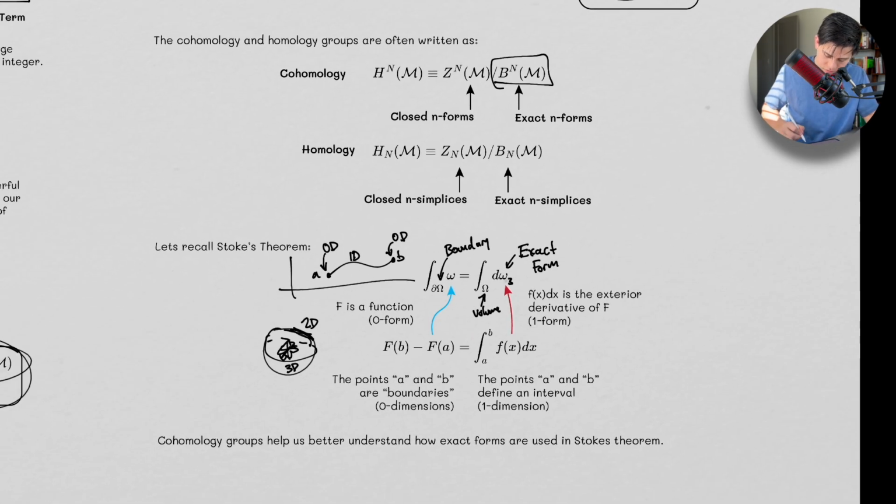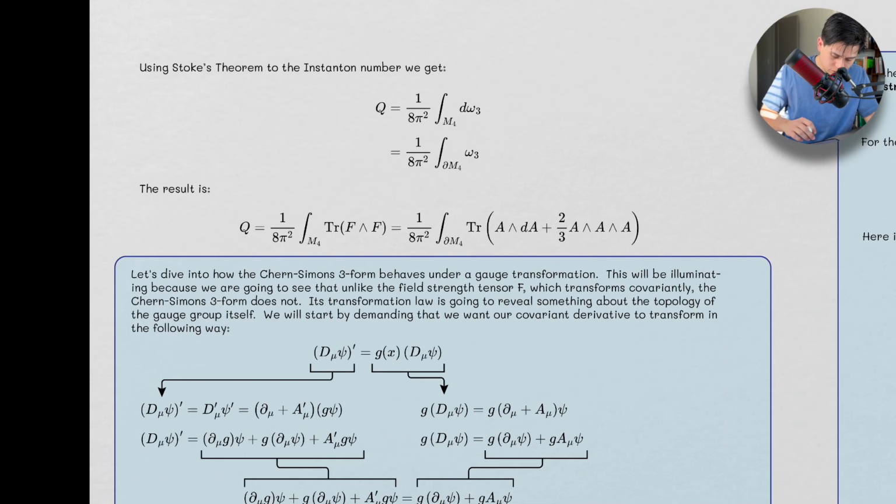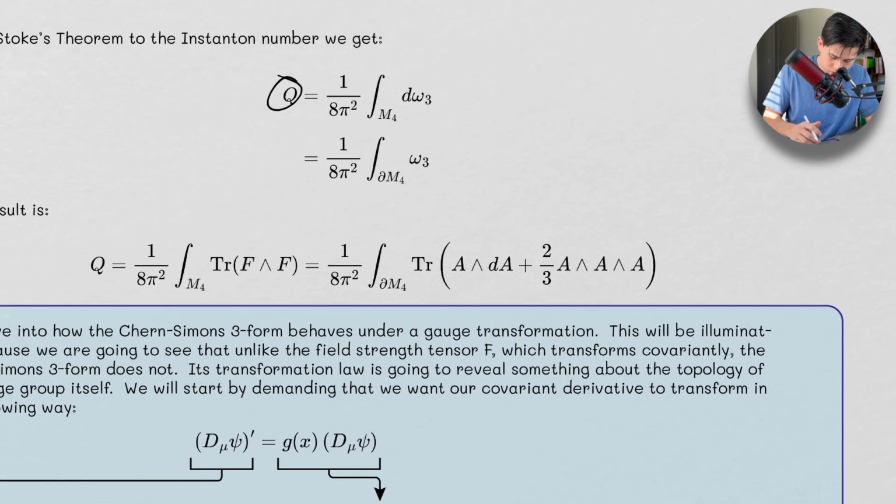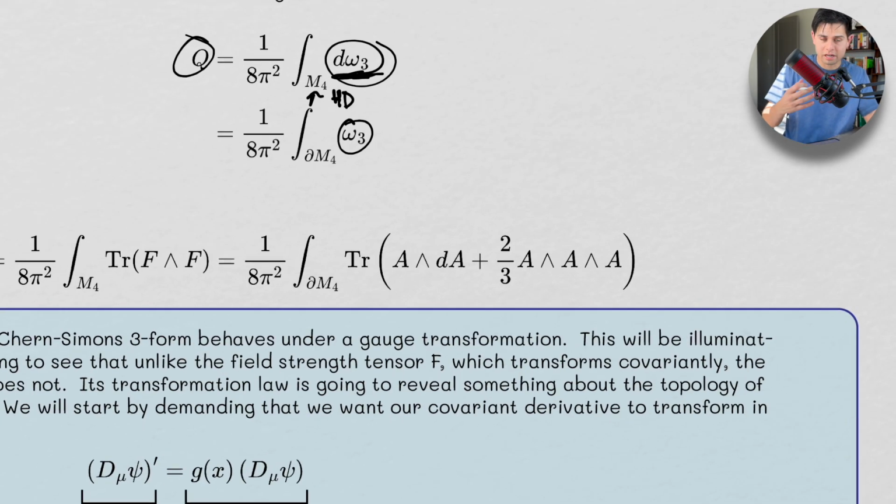So let's continue. So if we use Stokes' theorem then to the instanton number, which is Q, we just get this, right? Because again, this is on the volume M4, right? We're in 4 dimensions, 4D. It's the same thing as taking omega 3, which is a Chern-Simons 3 form, on the boundary, right?